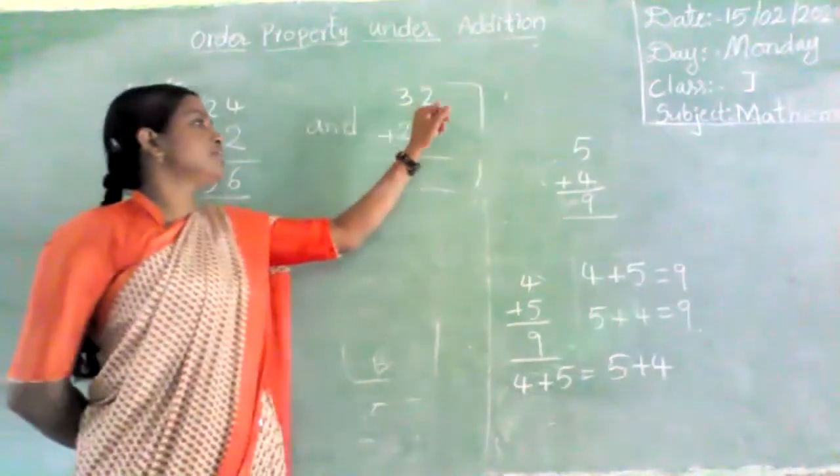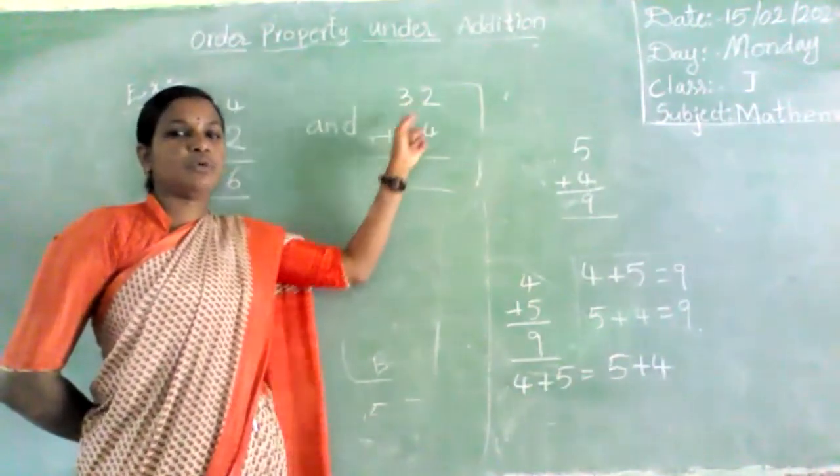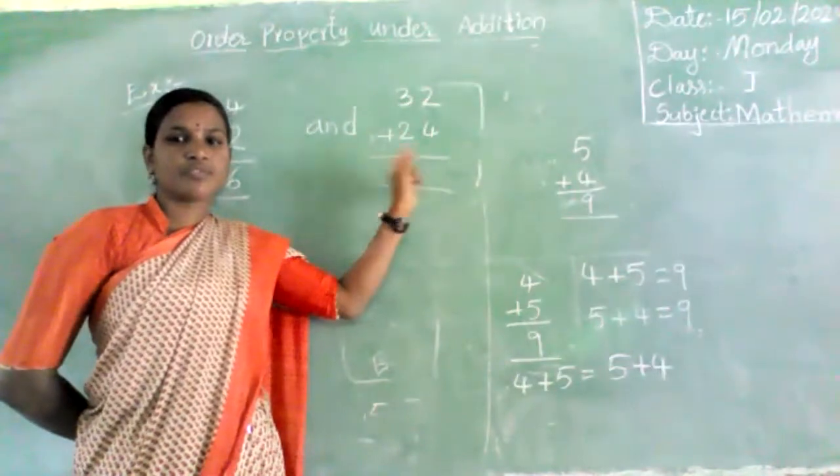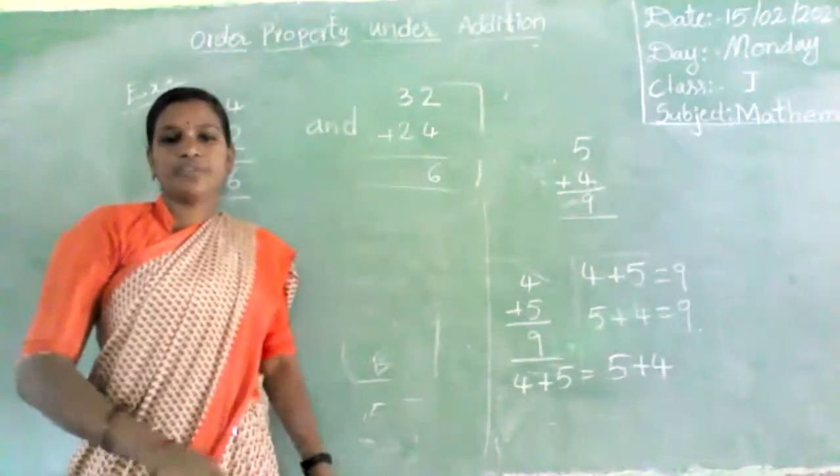And 32 plus 24. First we add ones. 2 plus 4, 6. Next, 3 plus 2, 5.